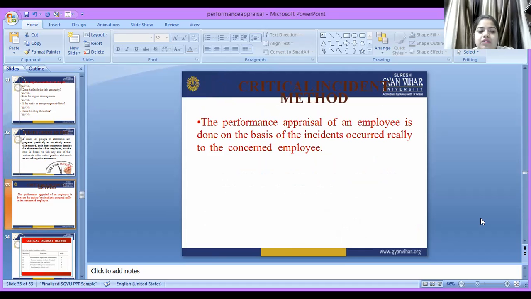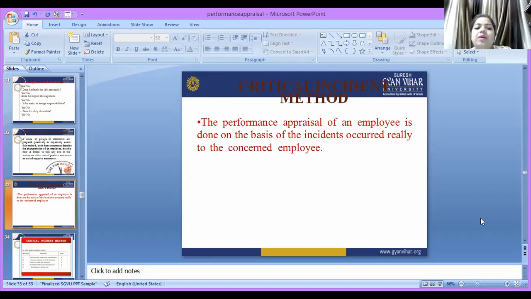Critical incident method. Through this method, we can easily understand the incident. If any incident happens in the organization and the employees are available there, what is their reaction at that time? They will run, they will support, and they will help the organization. What is their behavior during that time?